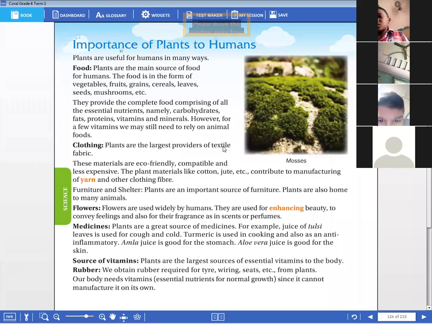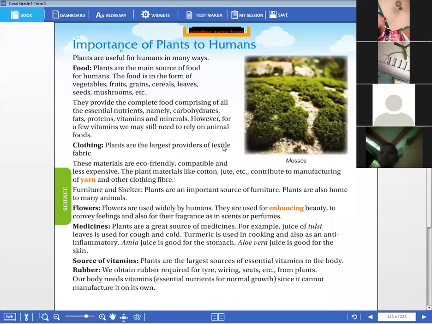Furniture. Shelter. Source. Widely. Enhancing.